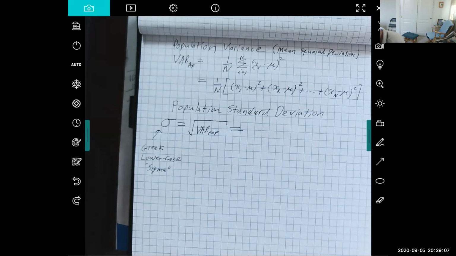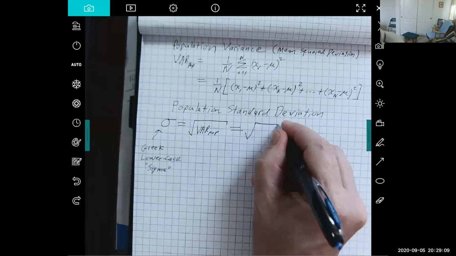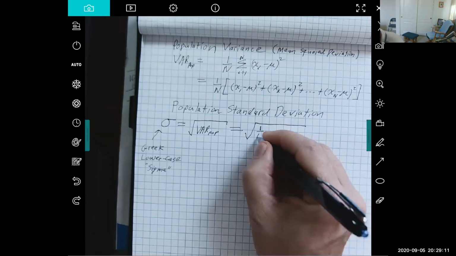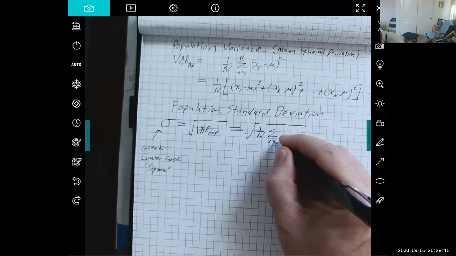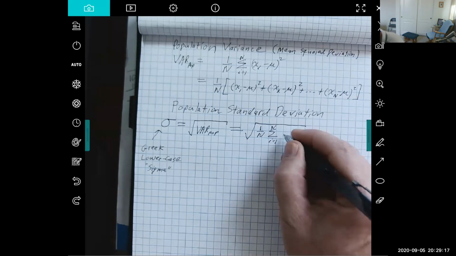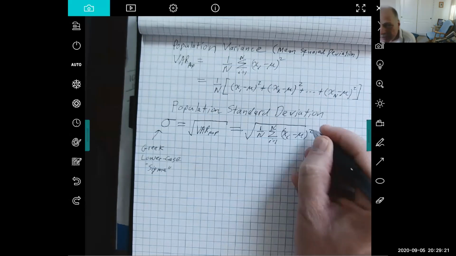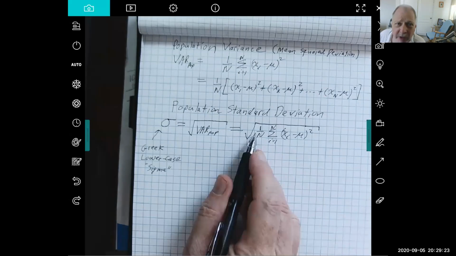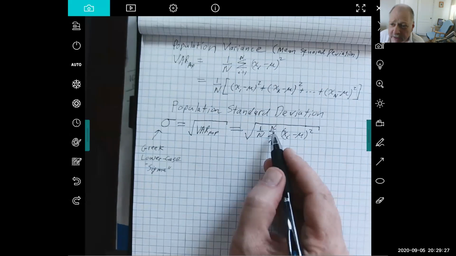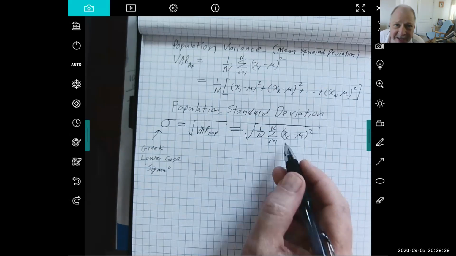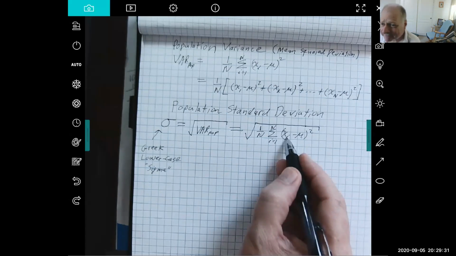So it's the square root of 1 over n times the sum of the squared differences between the data and the population mean.